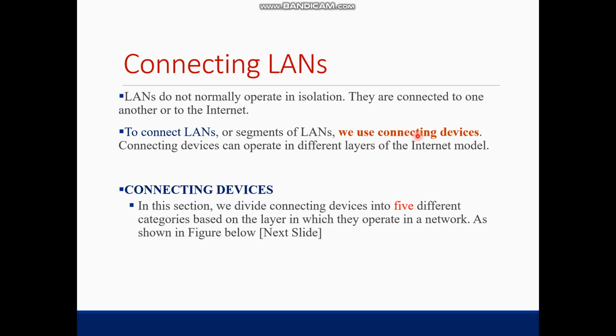And each of these connecting devices operates in a different layer of the internet model. For example, some of them may operate in the physical layer only, and another one may operate in the physical layer and data link layer. So in this section, we are going to talk about the connecting devices, and we are going to divide them into five different categories, based on the layer in which they operate in the network.